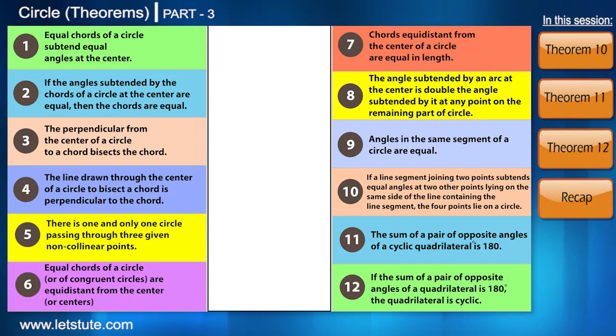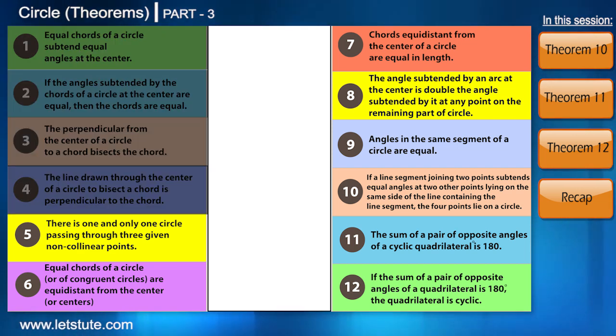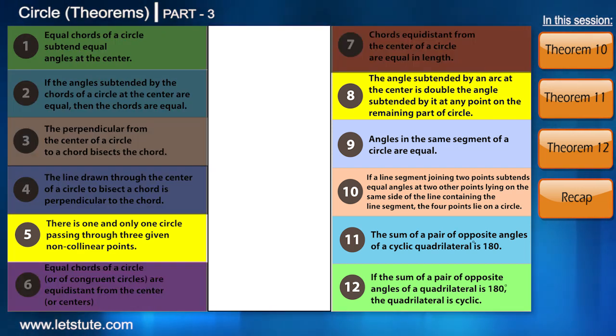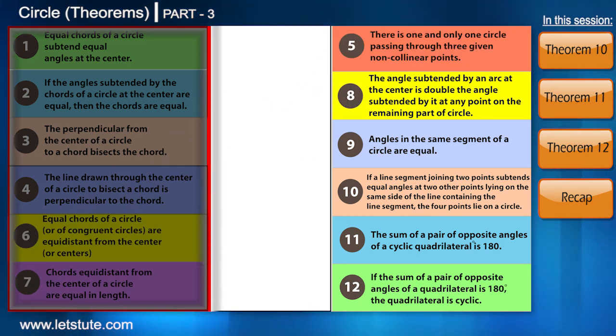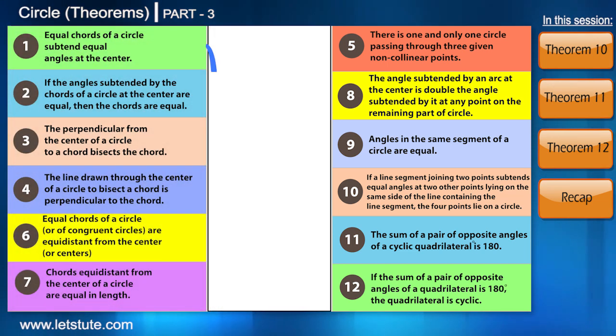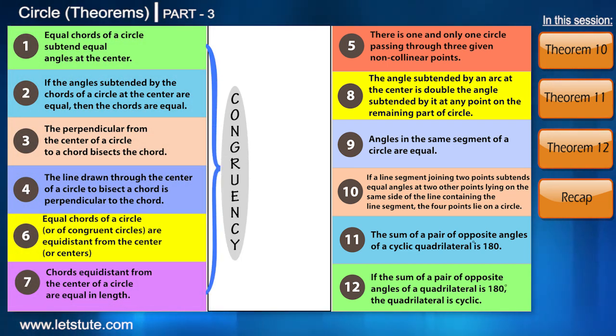Let's summarize all the 12 theorems in this quick recap. If we try to recollect theorems 1, 2, 3, 4, 6 and 7, there is one thing common between all these theorems. In all of these theorems, we need to find two triangles and prove them congruent. So, whenever you see any of these statements, you just have to use the given and the basic properties to prove the triangles congruent.